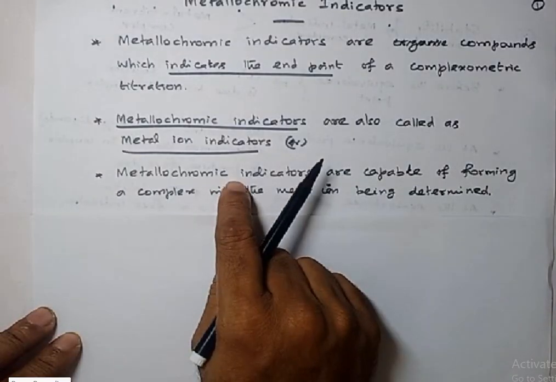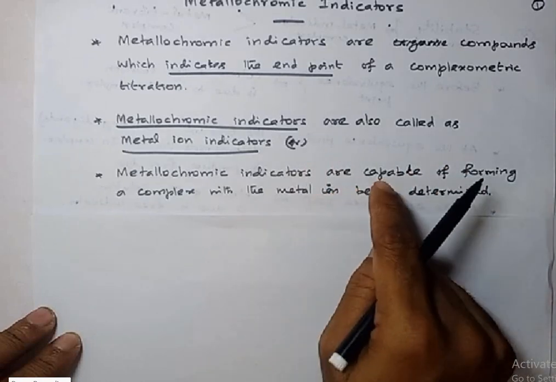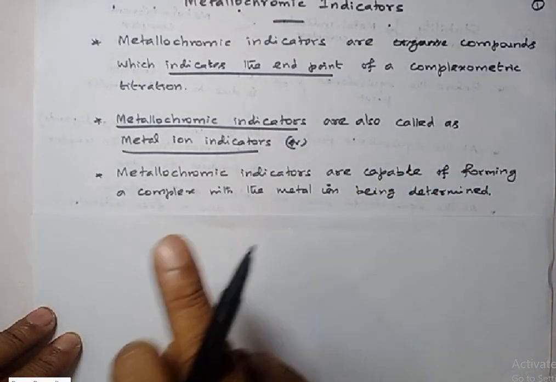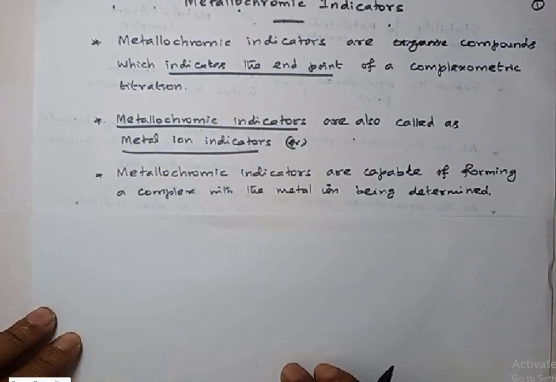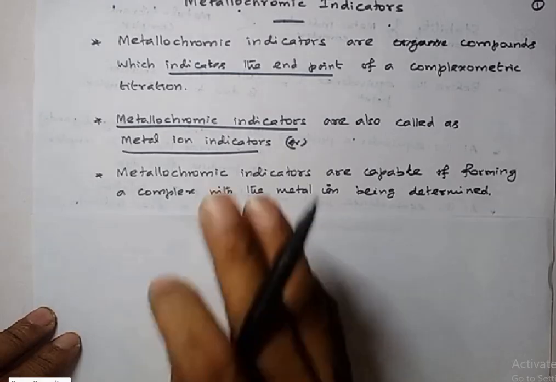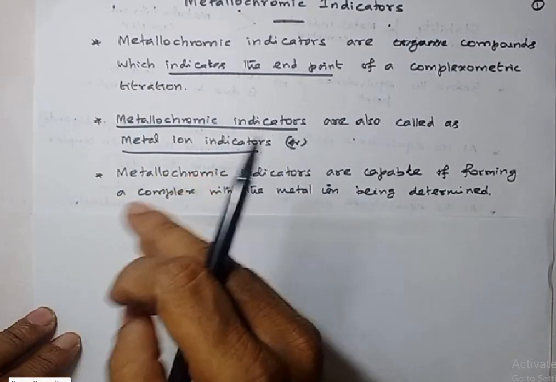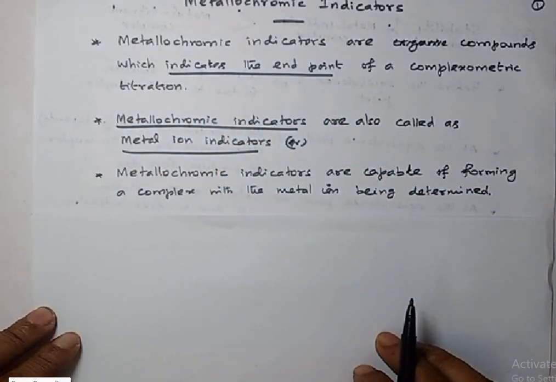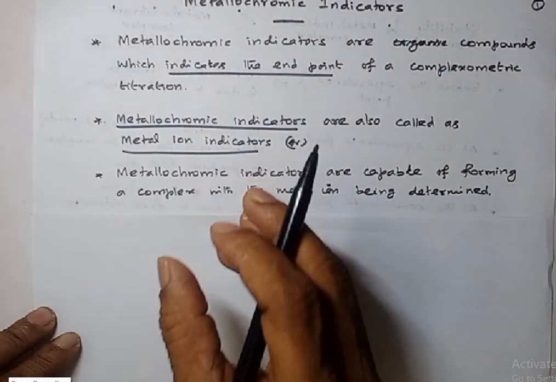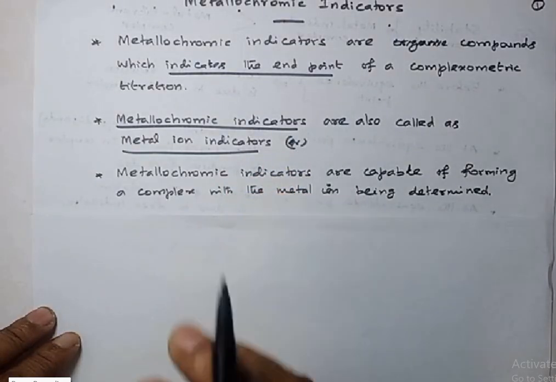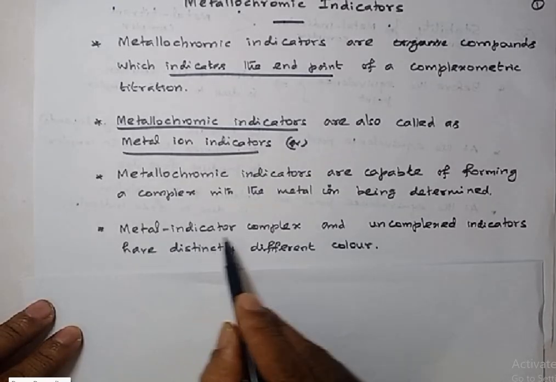The indicator is capable of forming complex with the metal ion. So first, the metal ion combines with the metallochromic indicator and forms a metal indicator complex. That metal indicator complex has a characteristic color.